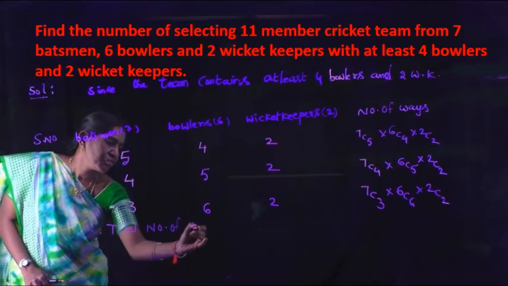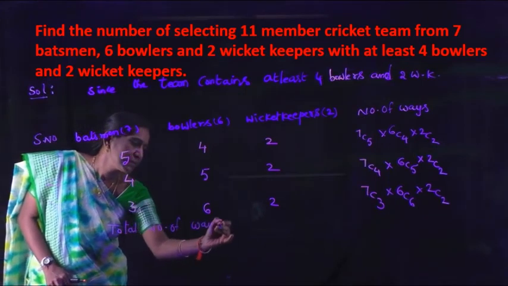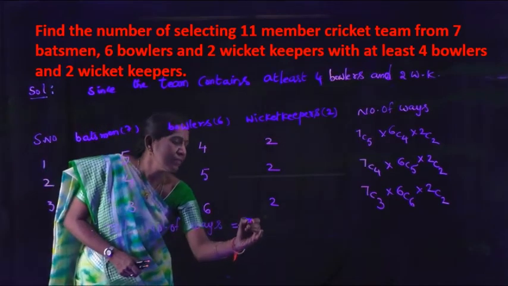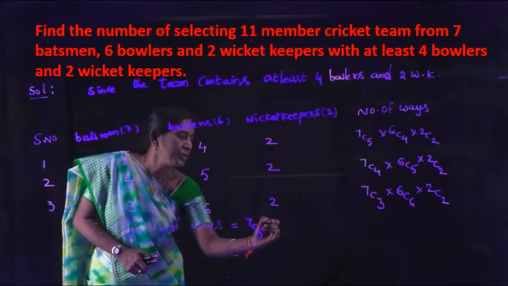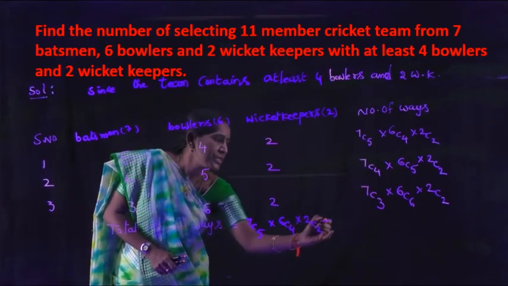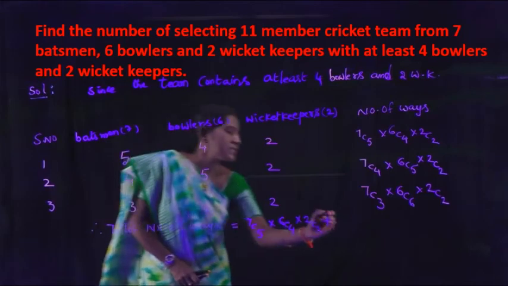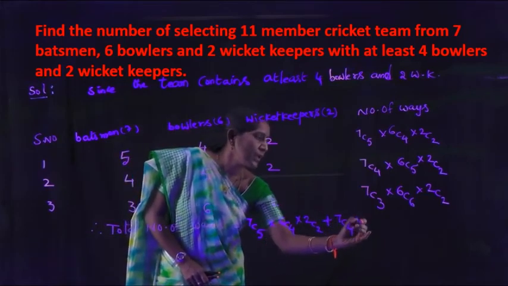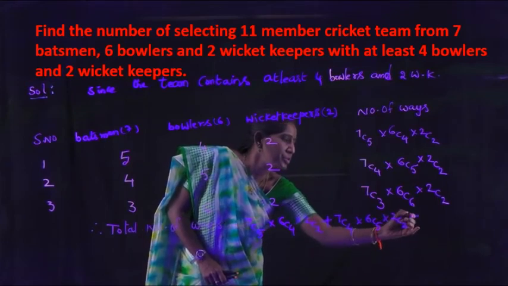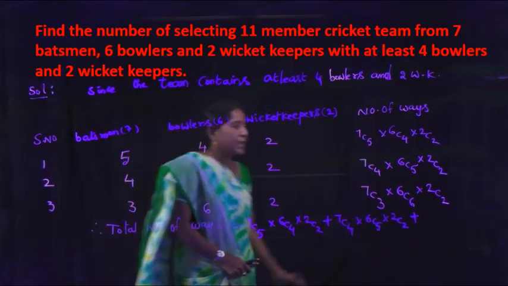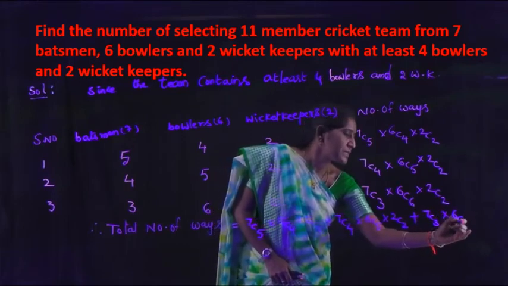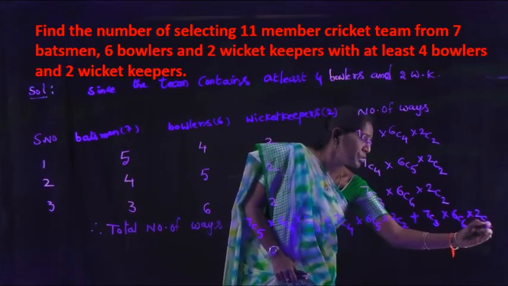Total number of ways, that is, adding all these, we can get 7C5 into 6C4 into 2C2 plus 7C4 into 6C5 into 2C2 plus 7C3 into 6C6 into 2C2.